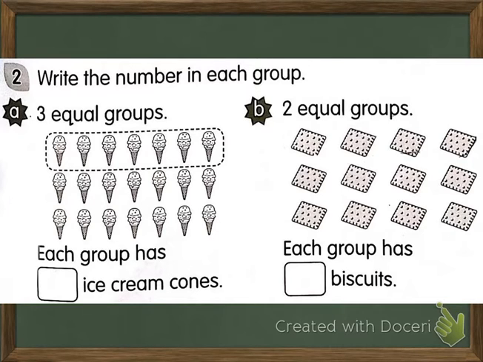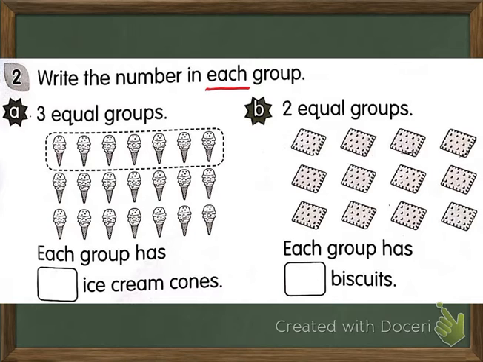Next question. Write the number in each group. Each group means setiap kumpulan ada berapa bilangannya. So, 2A, 3 equal groups.